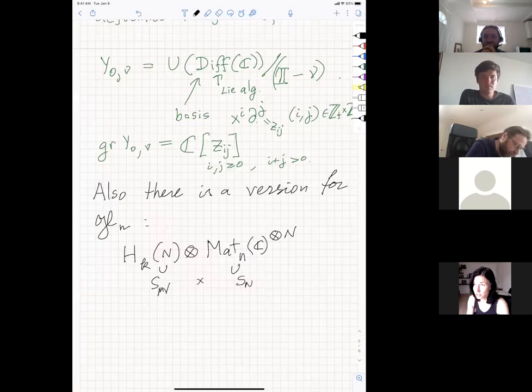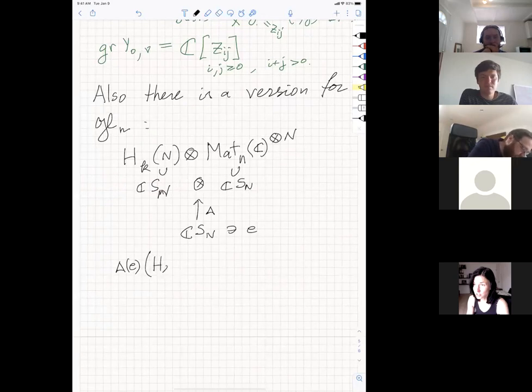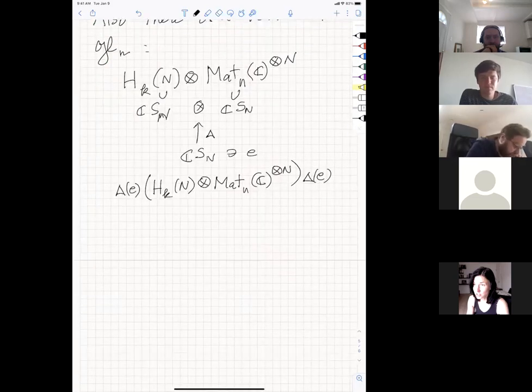And then there is a diagonal map from the symmetric group to here. And then if you look at the group algebras, there is this co-product map. And then here there is this element e. So we should look at delta of e times H_k of N, matrices of size n of C to the N times delta of e, something like that. And so this is going to be a deformation.